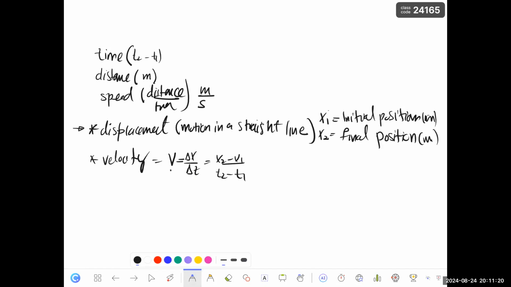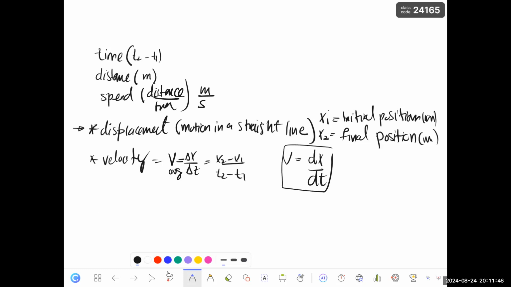If you want instantaneous velocity, you can call it instantaneous, or you just don't have to say anything. You just say v means instantaneous. So v is dx over dt. You can also write this.